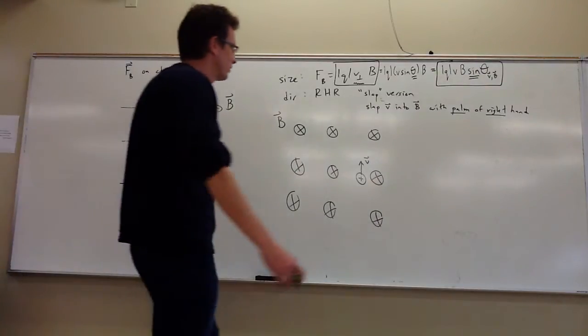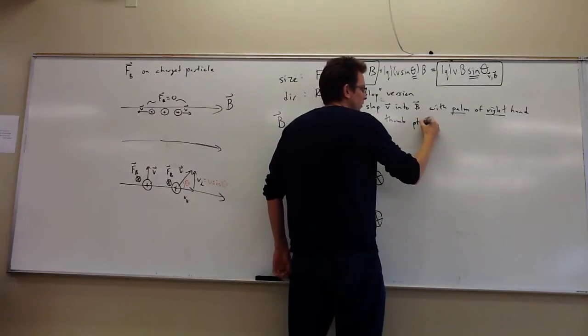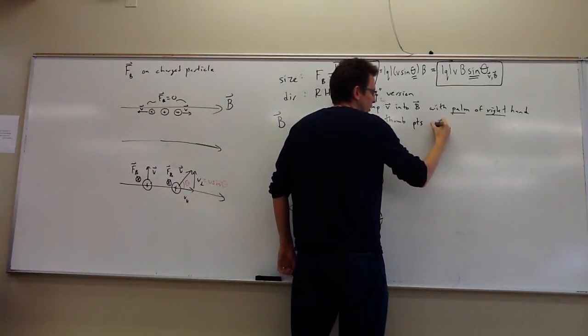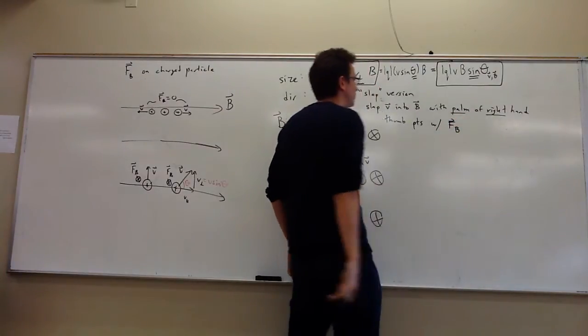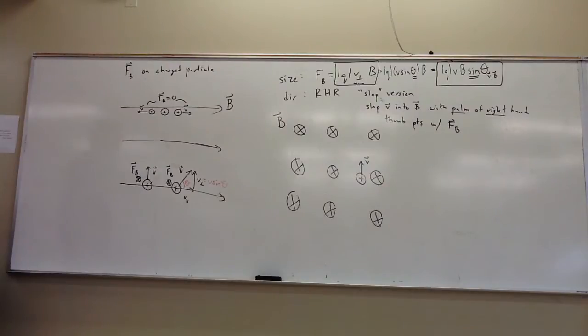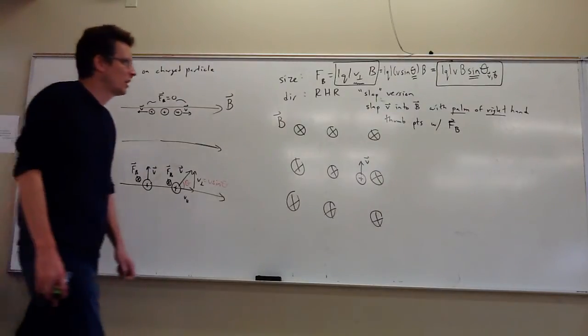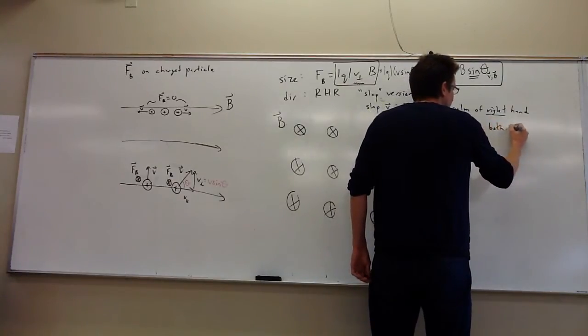And if you do that, your thumb will point in the same direction as the force. And the key thing to remember is that the force will be perpendicular to both the other two.